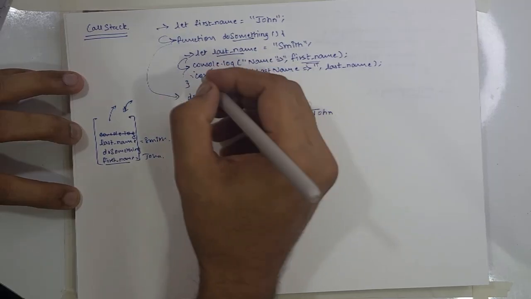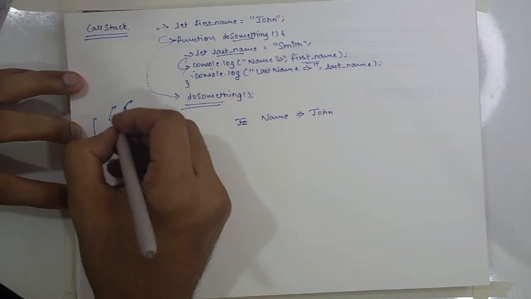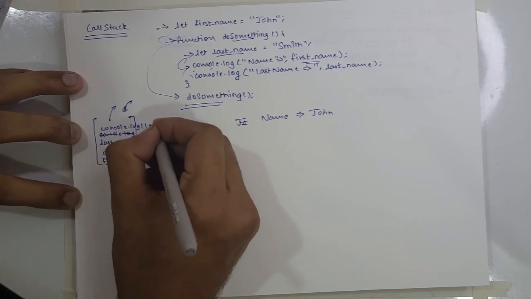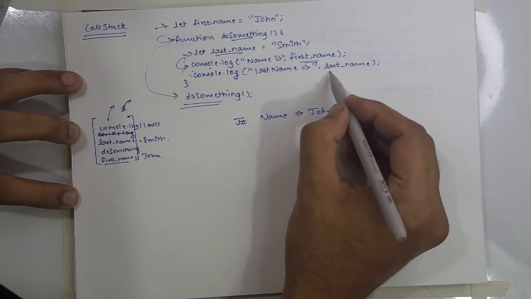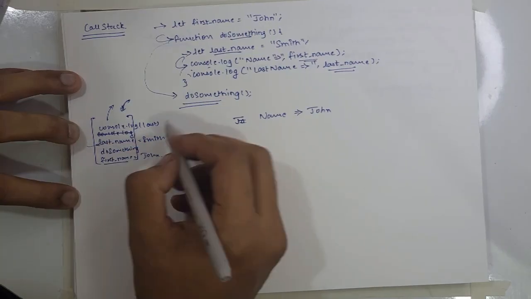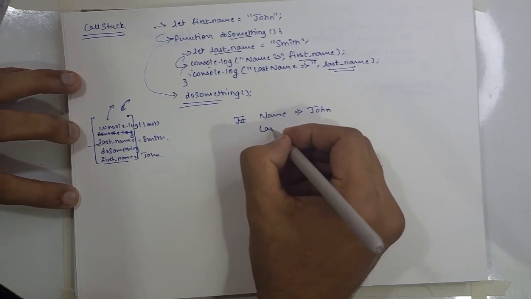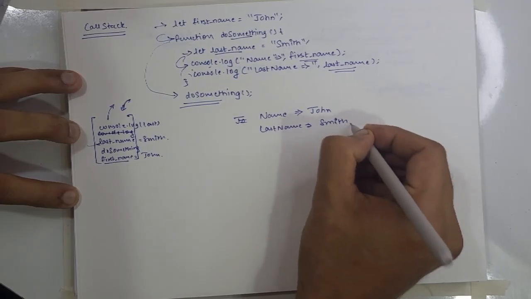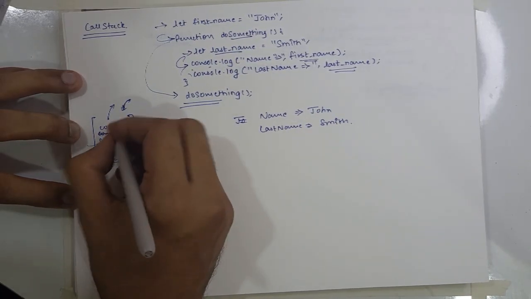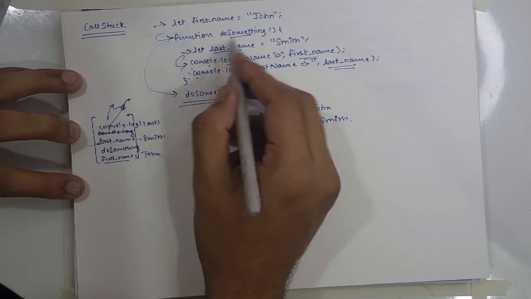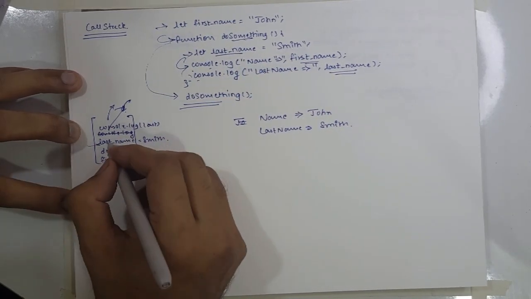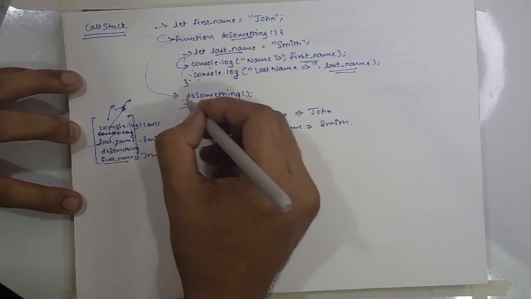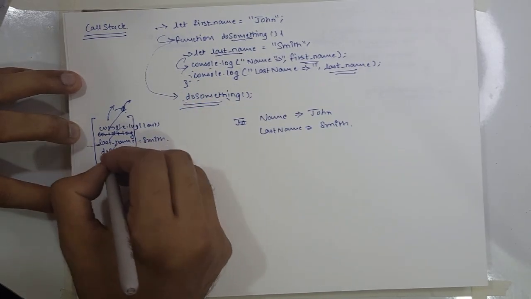Then another statement will come, console.log last name. So the compiler will check where is this last name variable defined. It will find over here Smith. So it will output last name is equals to Smith, and then this statement will be removed. There are no other statements in this function block. So now this statement will be removed, this statement will be removed. It will come back over here because it has the reference over here.